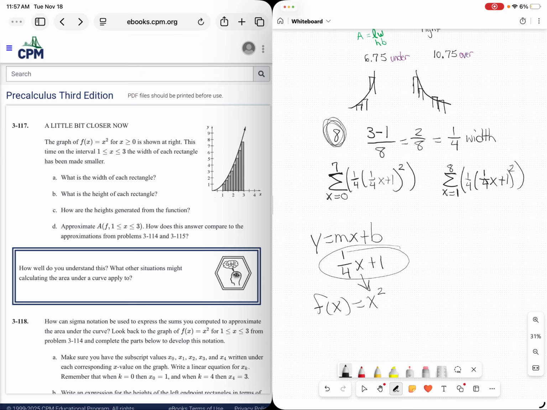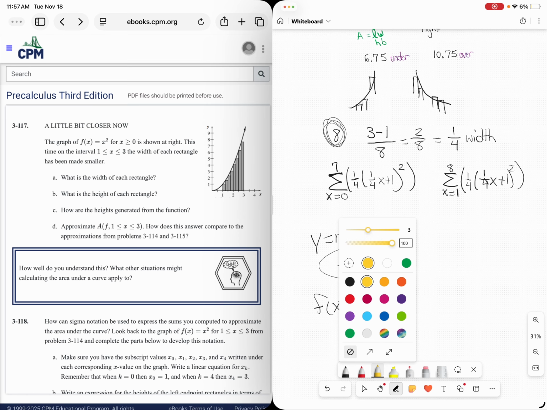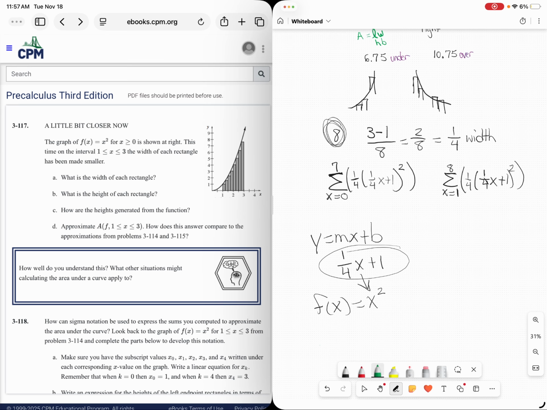So when you do these, you actually get, I think it's 10.8675, something like that. It's very close to that. I may have those decimals wrong, but it's very close. Okay, so you're getting closer.